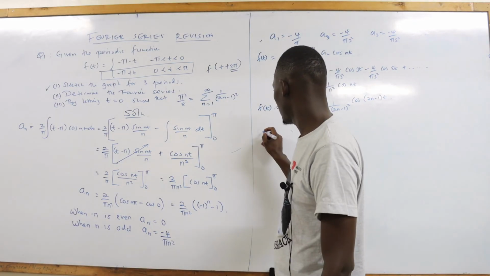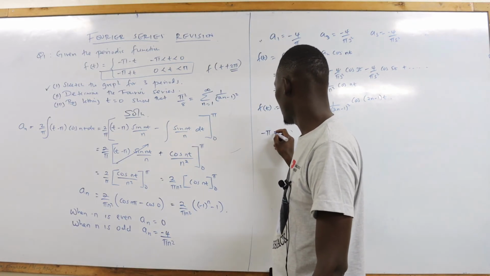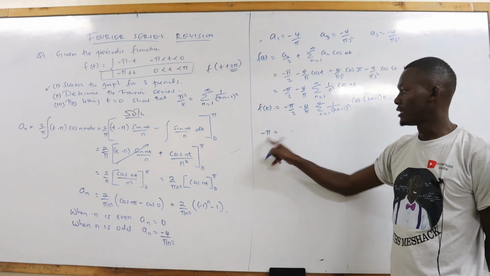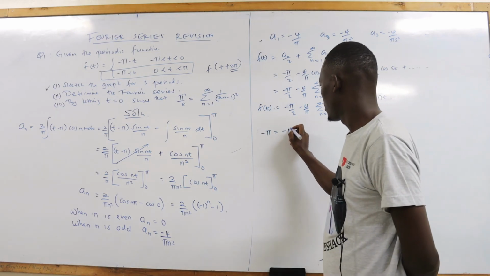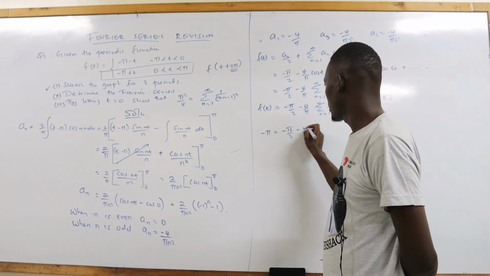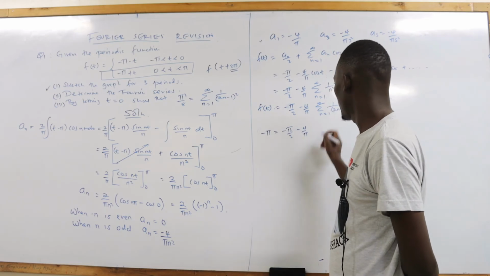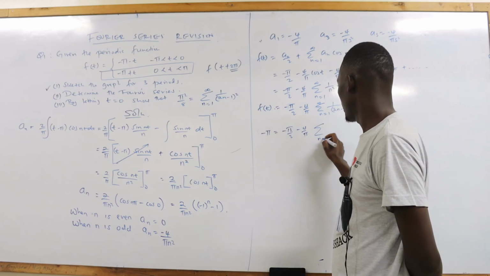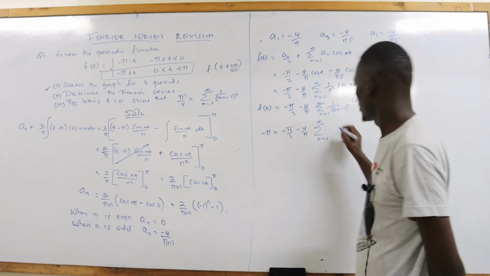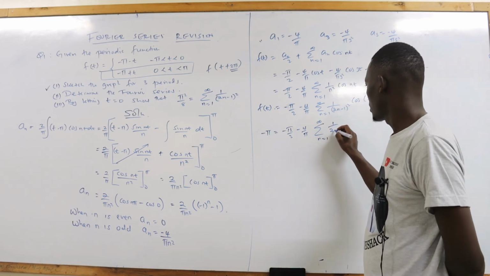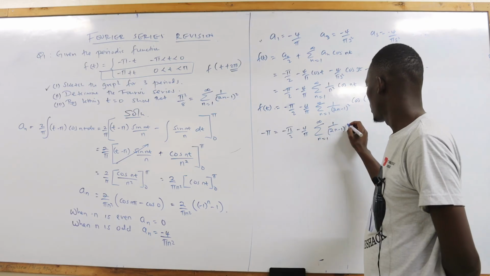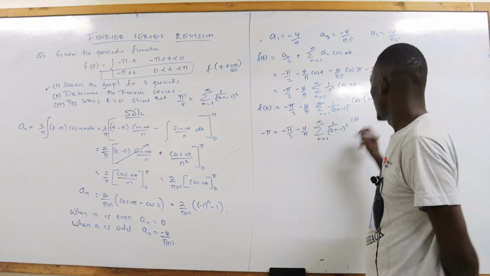Negative pi. That is how you replace your values on this other side. Then negative pi over 2 minus 4 over pi, then summation from n equals 1 up to infinity, 1 over 2n minus 1 squared, then cos.